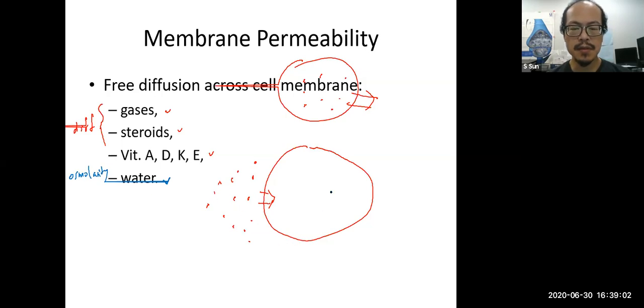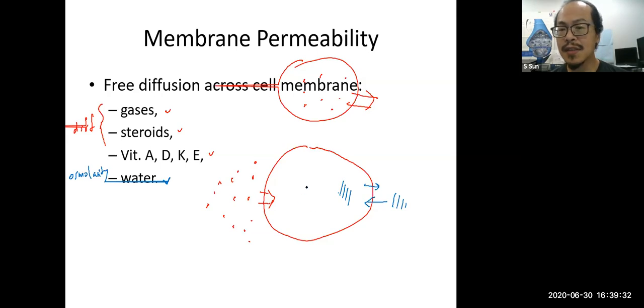Because water basically is everywhere. Here we have water, here we also have water. So water movement is based on what? Will water move in or will water move out? The water movement is based not on the water, but on the concentration of those solutes.